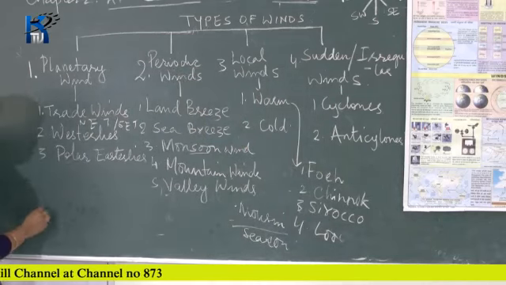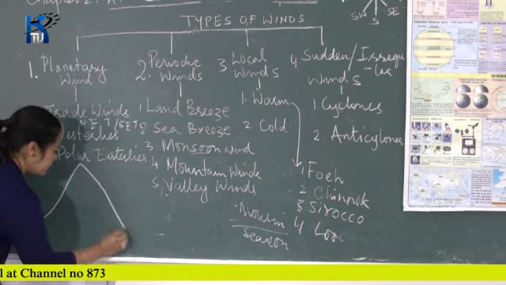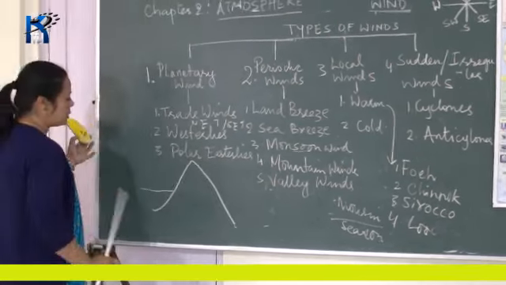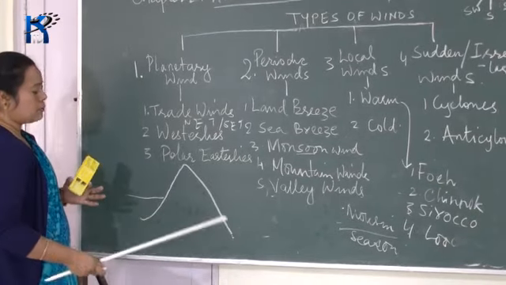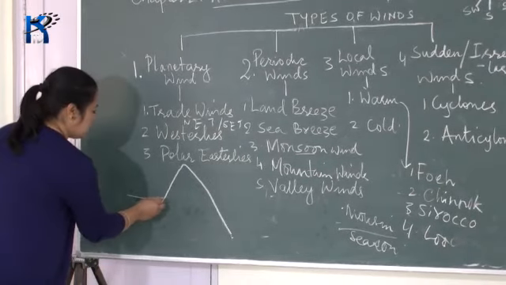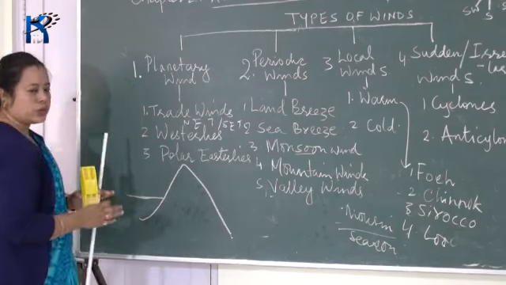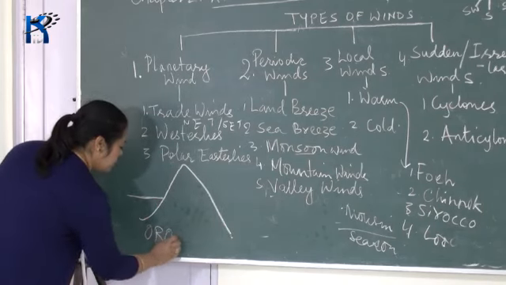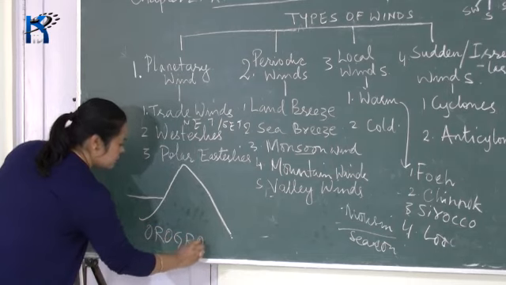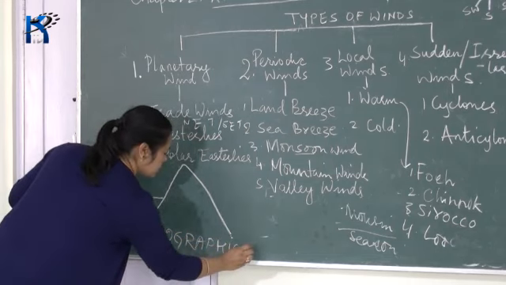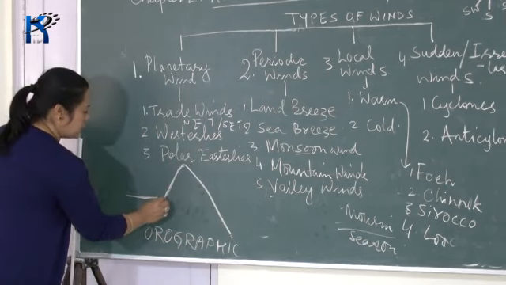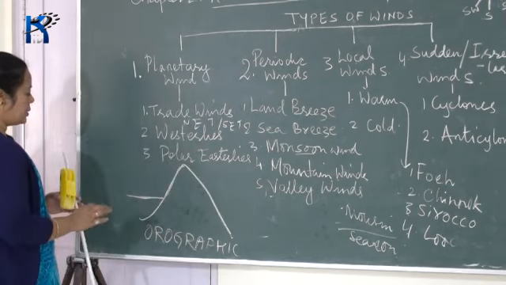Like I show here, we'll discuss the types of rainfall in my next class, though students have done it in smaller classes also: the orographic rainfall. Because of the presence of this mountain, this rainfall happens.